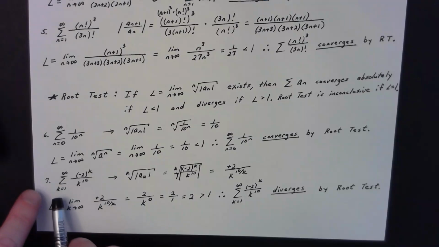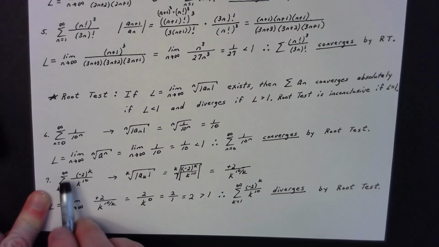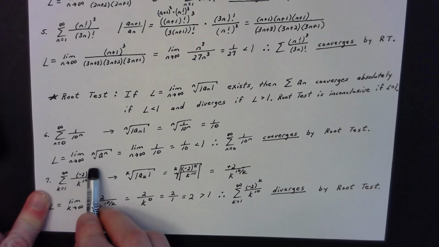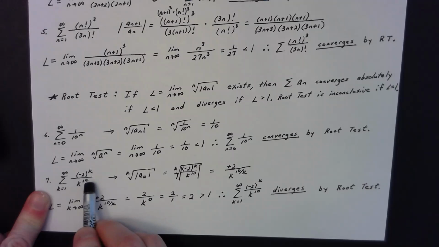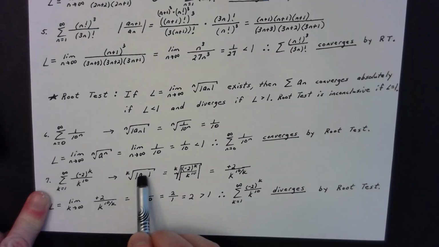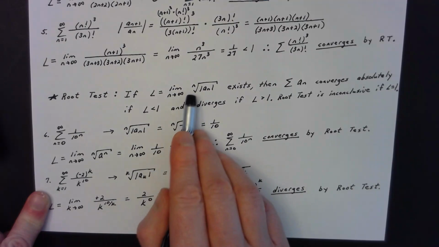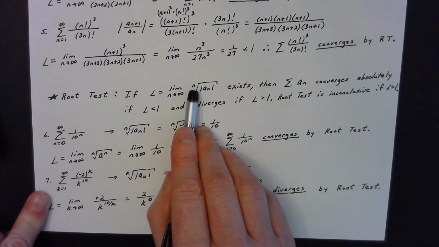In this problem, I have the index k. So the series from k equals 1 to infinity of negative 2 to the k over k to the 10th power. When I'm thinking about whether this converges or diverges, I'll use the root test. And in terms of k, since k is the number going to infinity this time, I'll take the kth root instead of the nth root.